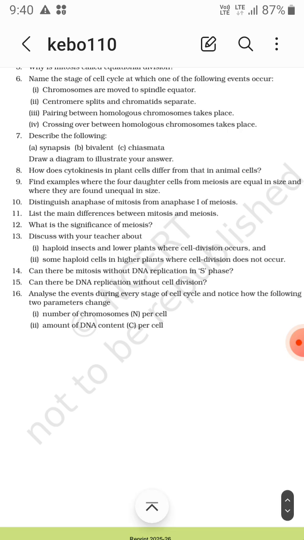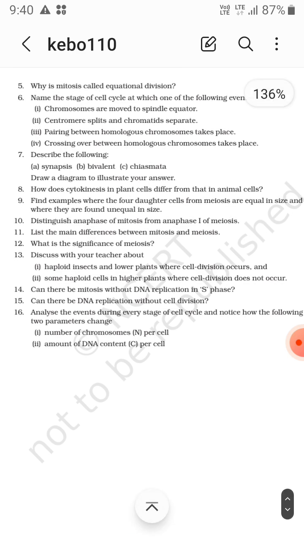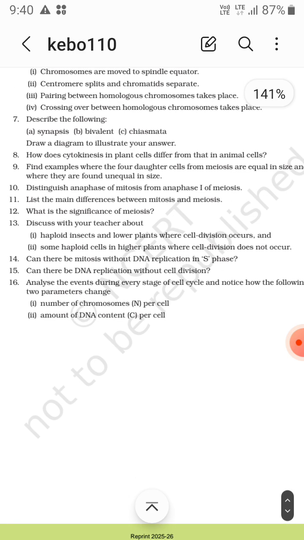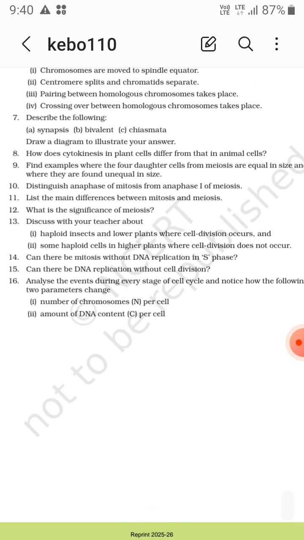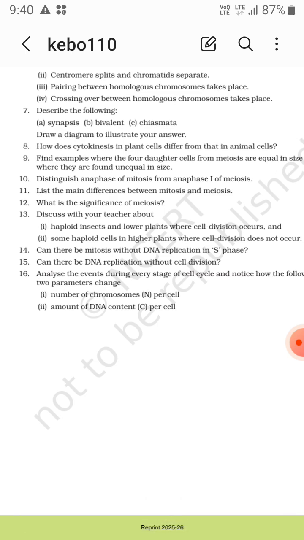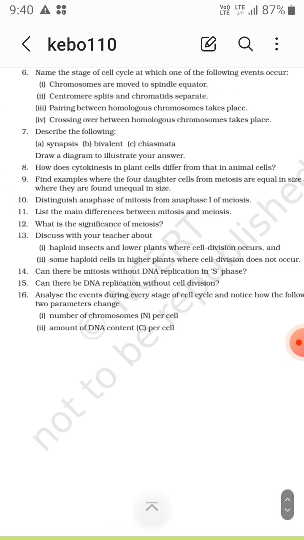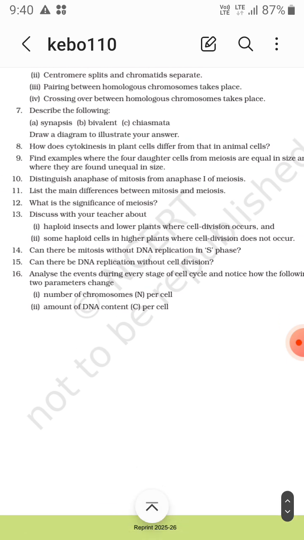What is the significance of meiosis? It's the production of the haploid cells, right? And then genetic variability happens, variation occurs.